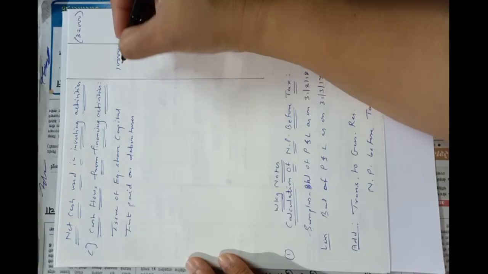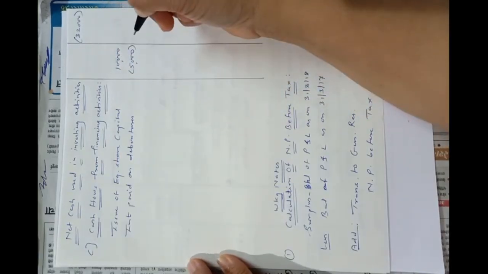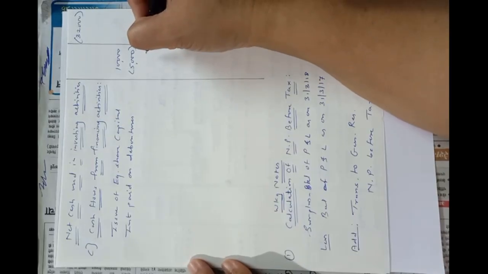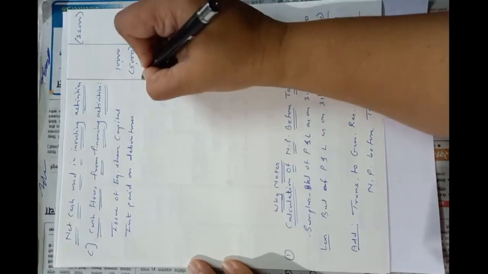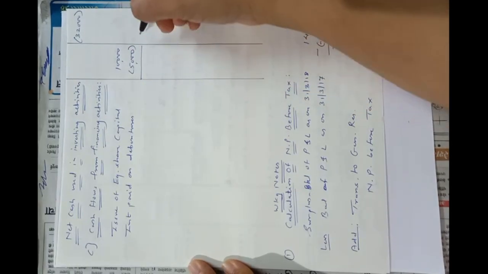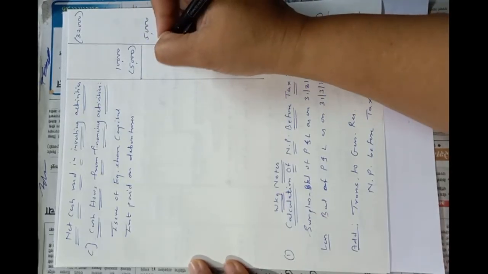Interest paid on debentures amount is 5,000, as we are paying interest on debentures, it is a negative amount. Okay, now see here 10,000 is a positive amount, 5,000 is a negative amount. So the final answer will be positive 5,000, which is net cash flow from financing activities.